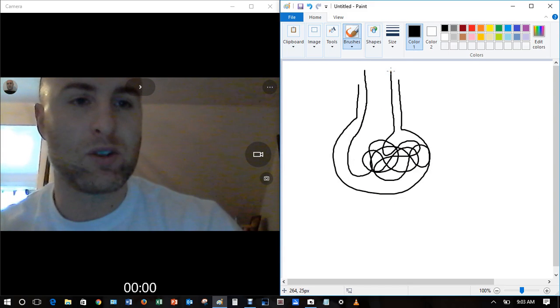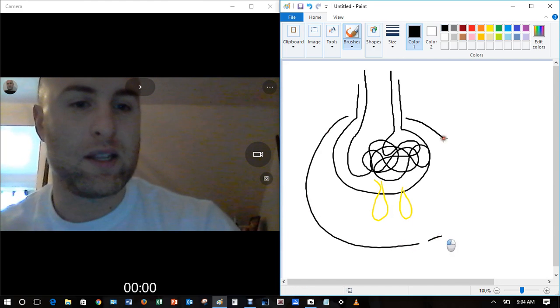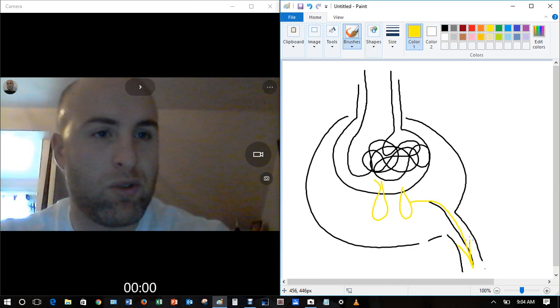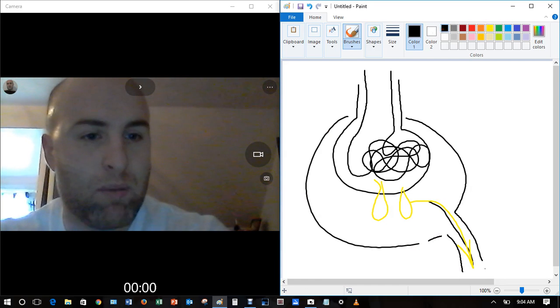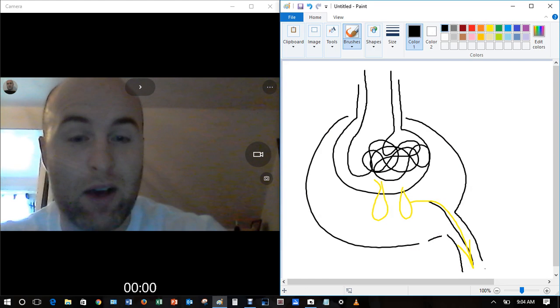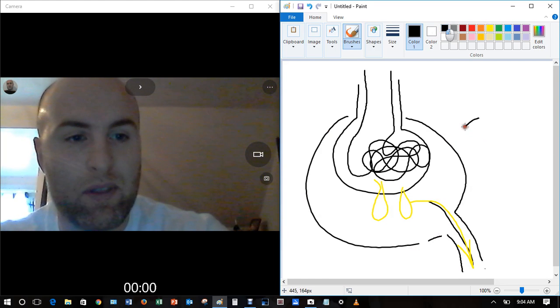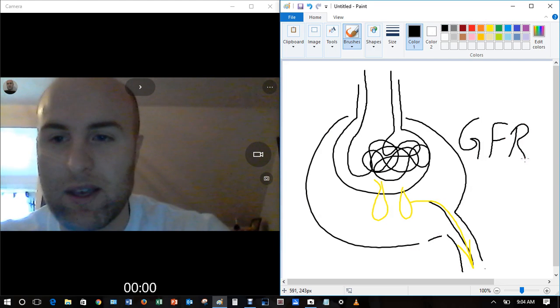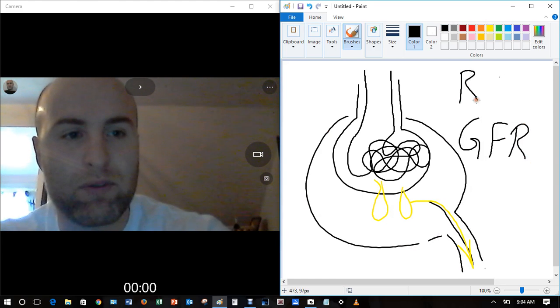While the blood's swirling around, it strains some pee that is collected in these tubes, and then the pee is drained out, and you pee it out. They can measure the rate at which the glomerulus is filtering pee out of the blood. They call that the glomerular filtration rate. So like how much pee you're making, and they also can measure the renal flow.